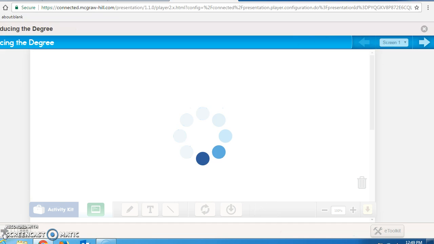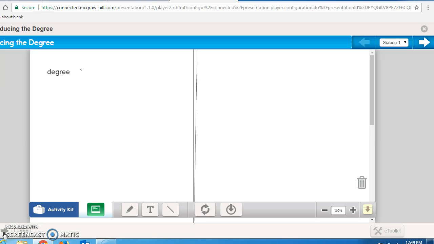So in order for us to measure an angle, we need to measure in something called a degree. A degree is the measure of a very small angle. What you're seeing here, that little circle, is the symbol for degrees. So angle measurements can be written using the word, as in 1 degree.